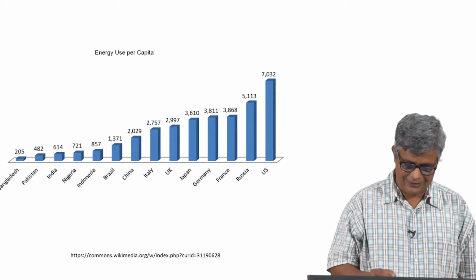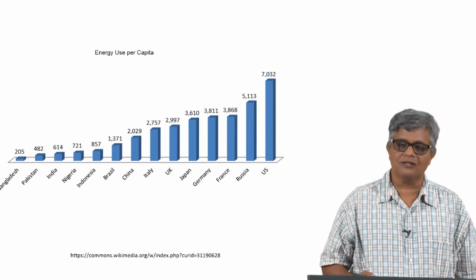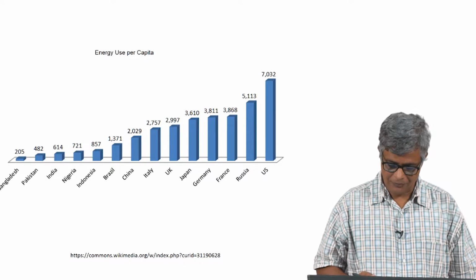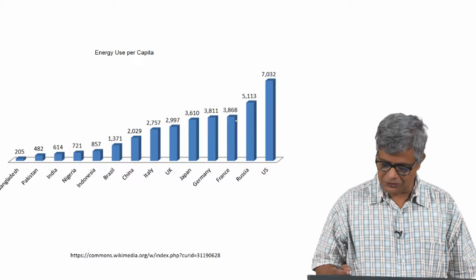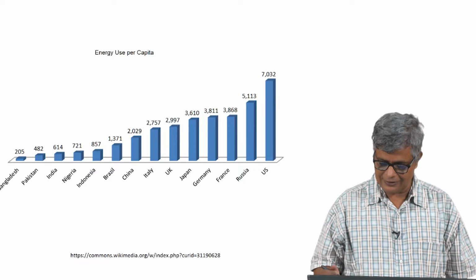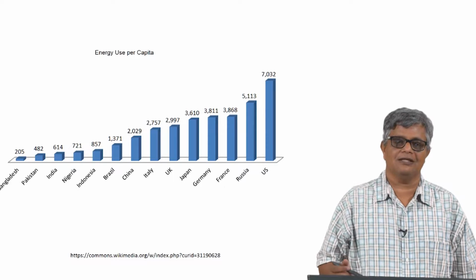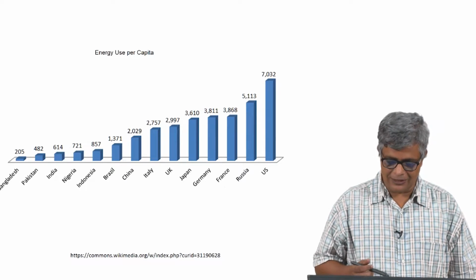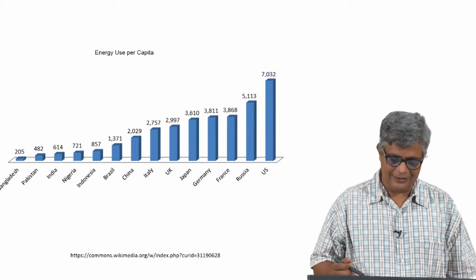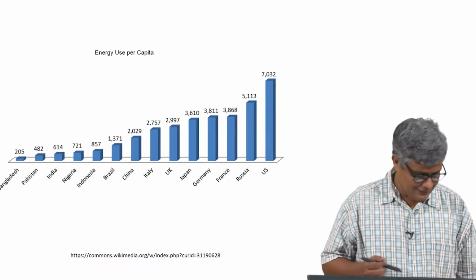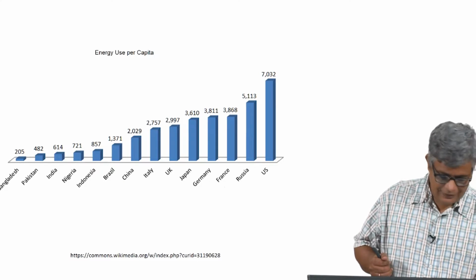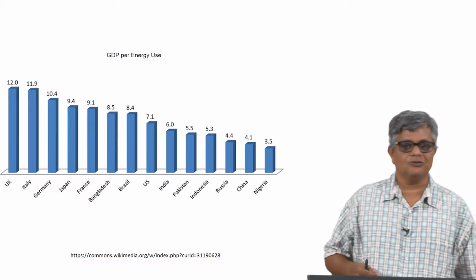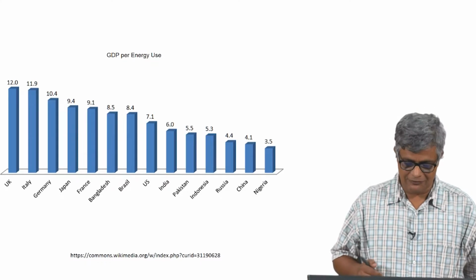So that means that India is consuming about 1/3 of China's per capita energy use, and many of the European countries and Russia and the US have much larger, maybe 10 times larger, per capita energy use, and this is an important disparity, and it is accentuated by other aspects of why we need energy and why we want to have energy.